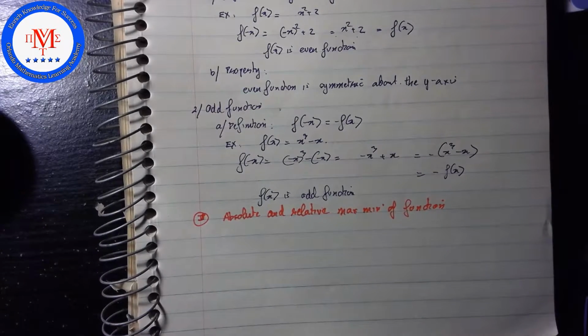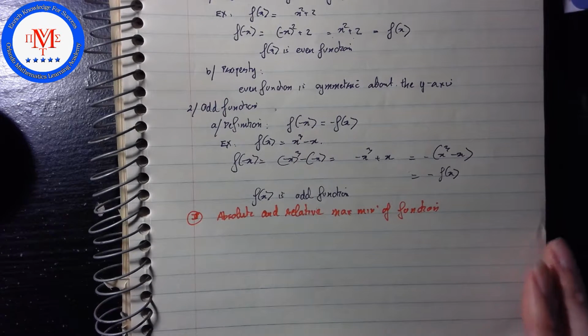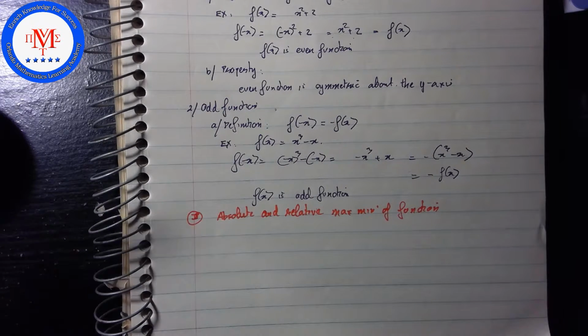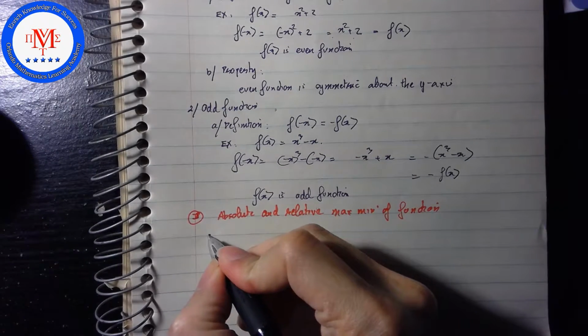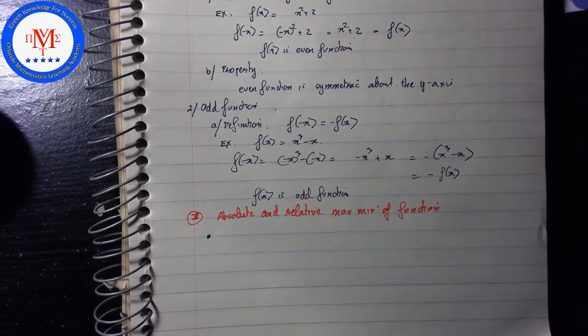Okay, so we need to see the difference between the absolute max and min of the function and the relative max and min of the function. When you hear the word absolute, of course you feel that it is the highest point, right? Absolute max is the highest point of the function, and the absolute min is the lowest point of the function.